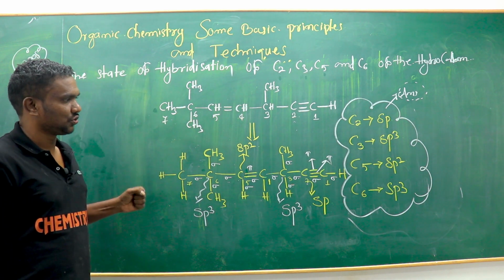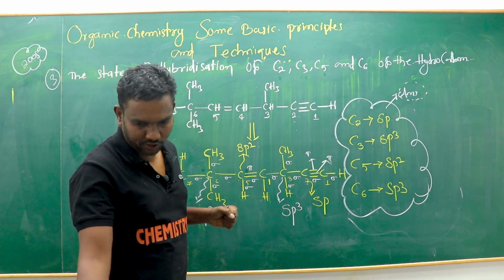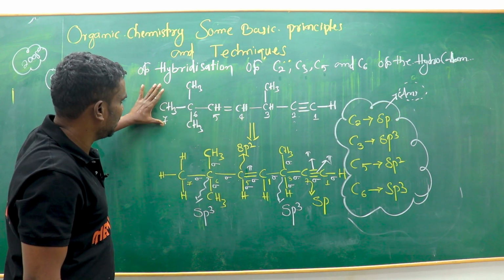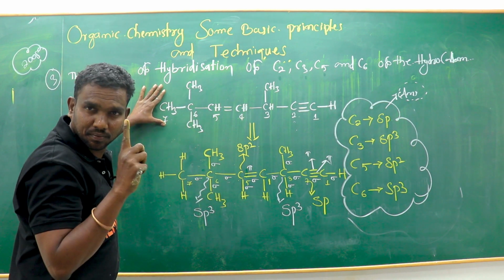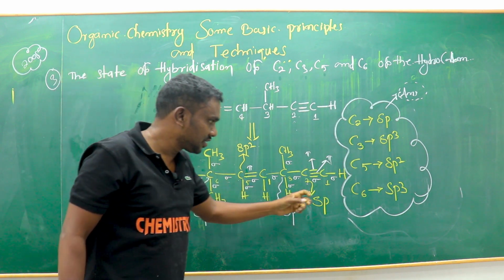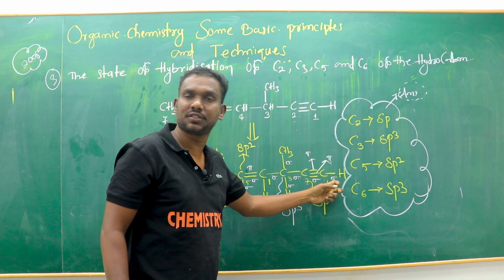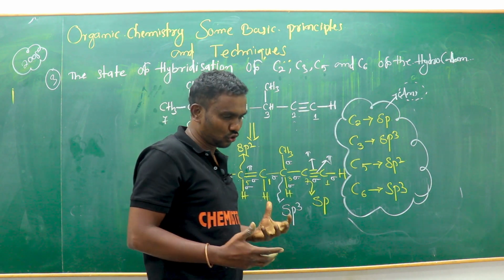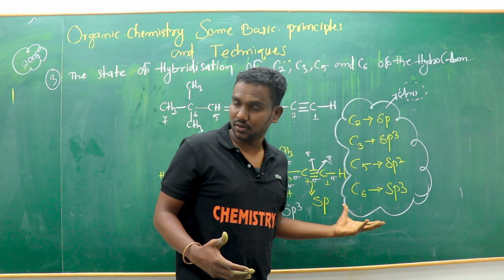So how to tackle this question? First of all, the small recap. See beta, first of all, you have to elaborate the structure. Point number one, right? Afterwards beta ji, identify the sigma bonds and pi bonds, right? After that, you have to go through this question.